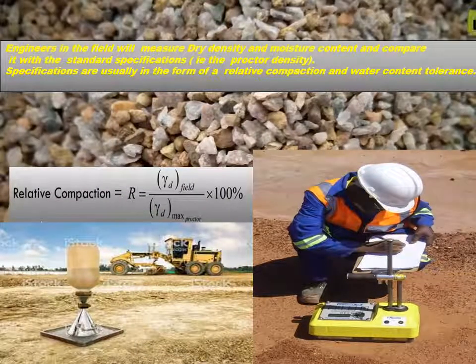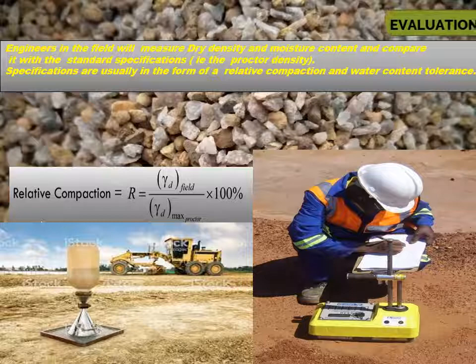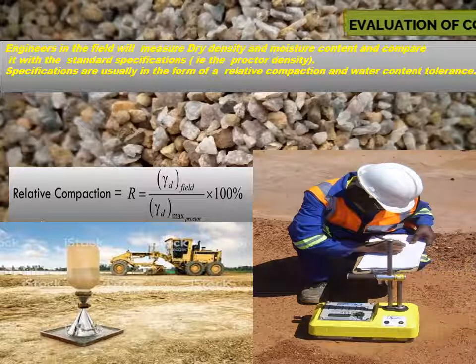Finally, let's look at the evaluation of compaction. Engineers in the field will measure the dry density and moisture content and then compare them with specifications provided by the designer. Specifications are usually in the form of a relative compaction and a water content tolerance. For example, the designer may give a specification stating it must be greater than 95% of the standard Proctor maximum dry density and within plus or minus 3% of the optimum moisture content.